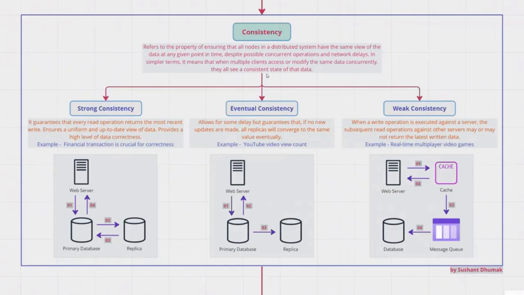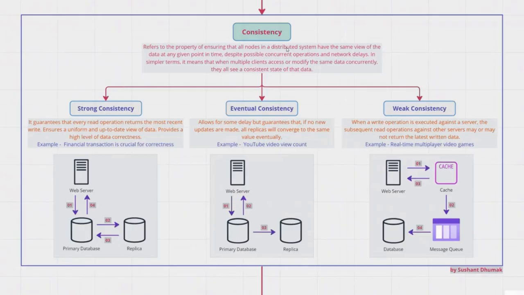Okay, we'll get into more details as we look at the types, then you'll realize what exactly it is. Just imagine that you're writing something and other users are reading it. Whenever you're writing and at the same time someone tries to read it, they should get the last written data itself.